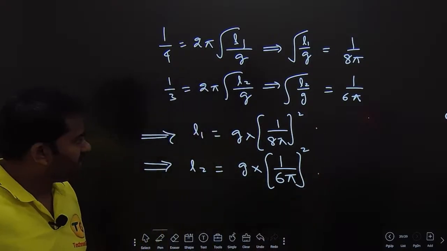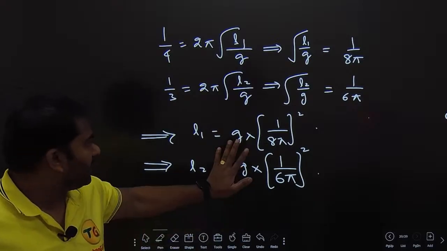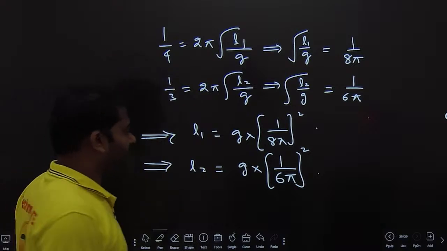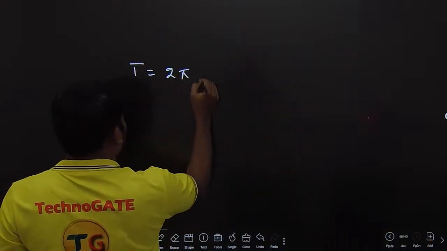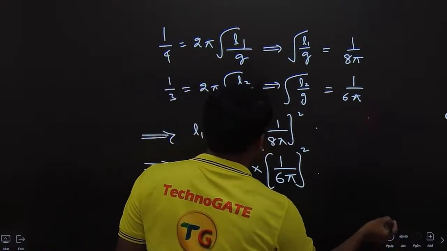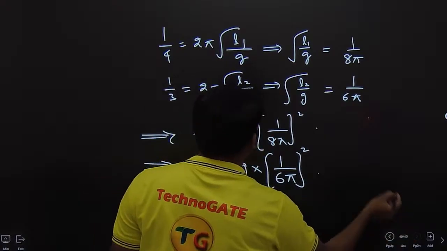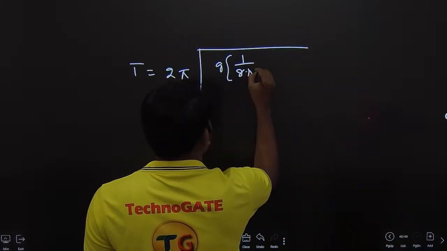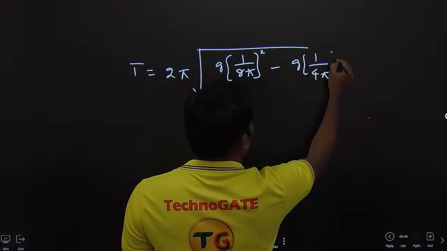Using them, let us substitute in the time period 2 pi under root L1 minus L2 by G: G into 1 by 8 pi whole square minus G into 1 by 6 pi whole square.